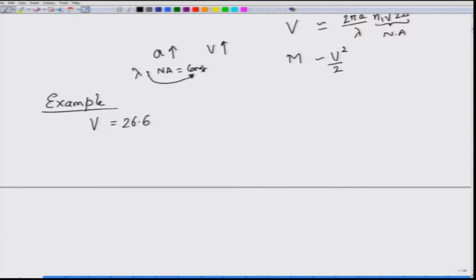However, this is just for the example's sake. Suppose I assume that lambda is 1300 nanometer, and I also assume the core radius to be 25 micron. You again see that these are not the standard single mode fibers, because in the last module we have seen what are the typical values of A and delta.